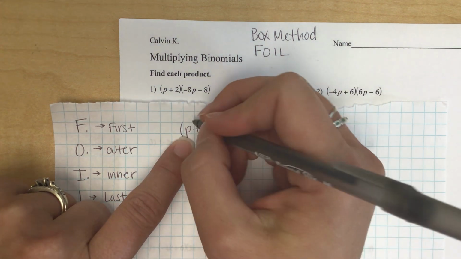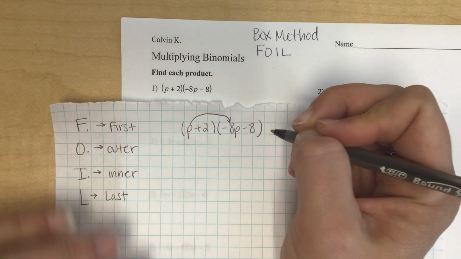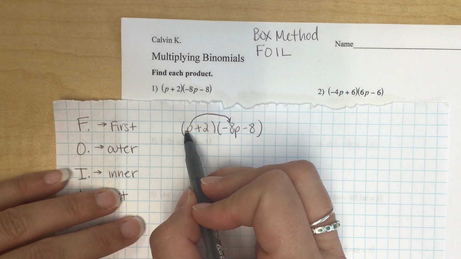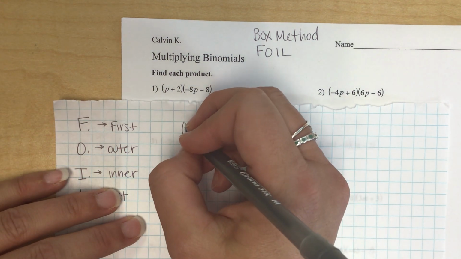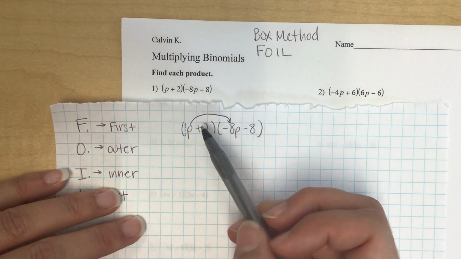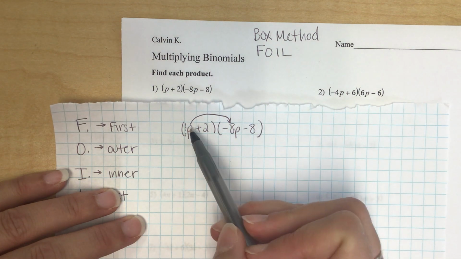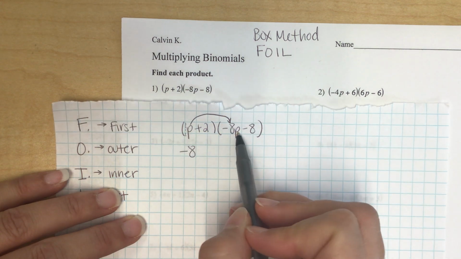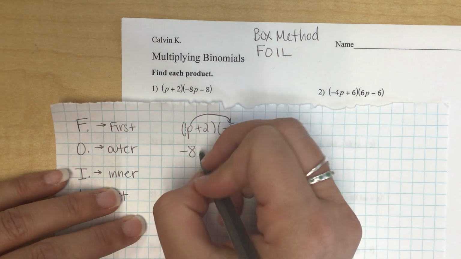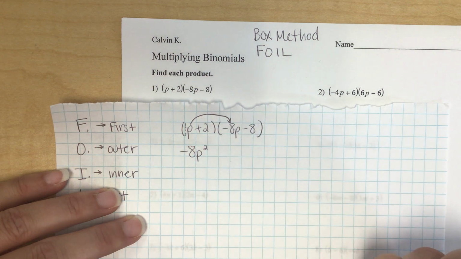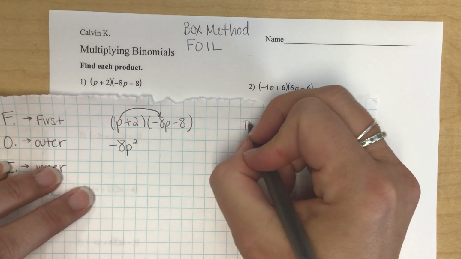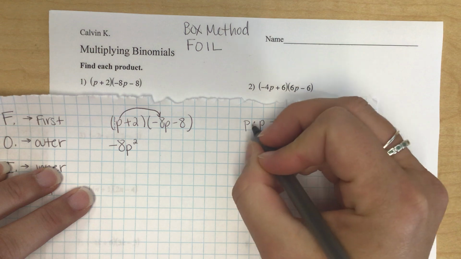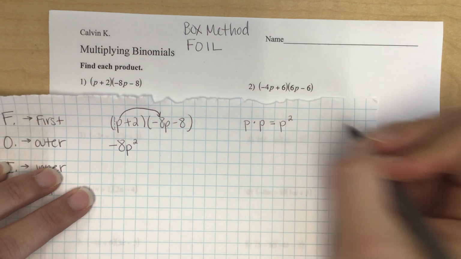That's F. So here to here. So there's really a number, there's a 1 in front of here, right? We know there's a 1 in front. So we take our number in front times the number in front. So 1 times negative 8 gives me negative 8. P times P becomes P squared. Okay, so when we have variables, P times P, another way to write that is just P squared.